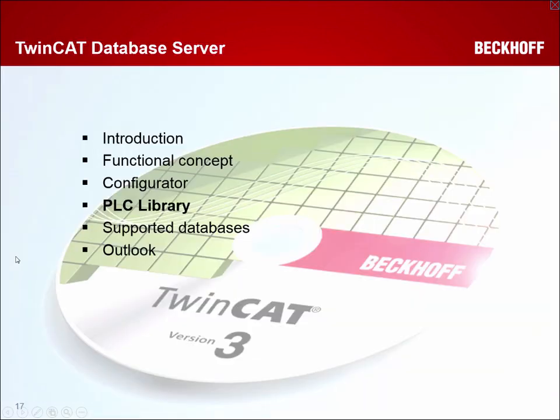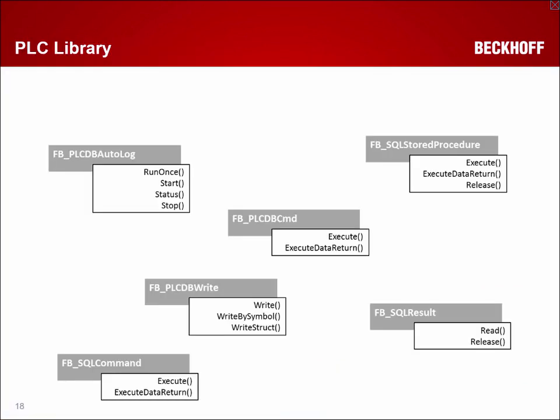We will talk now about the PLC library. This is a completely new PLC library. It is working with the object-oriented extensions in the PLC standard. So it is especially a TwinCAT 3 library where we are using these methods. And so we have function blocks with different methods.